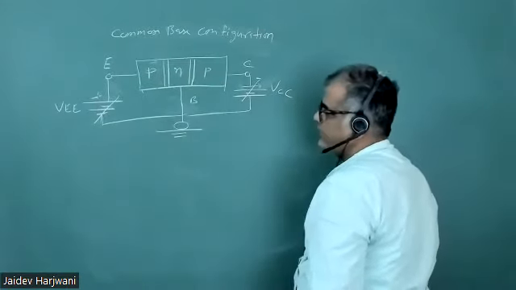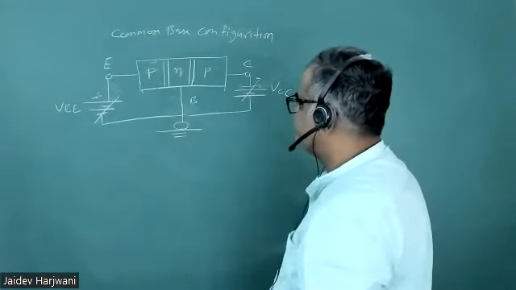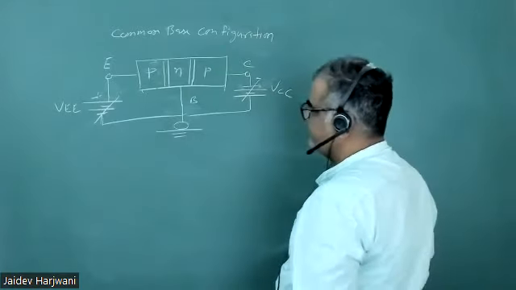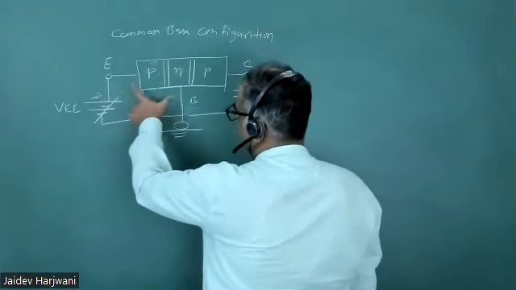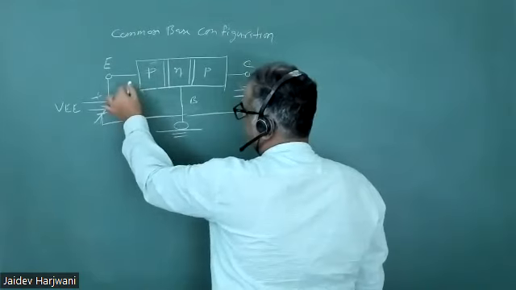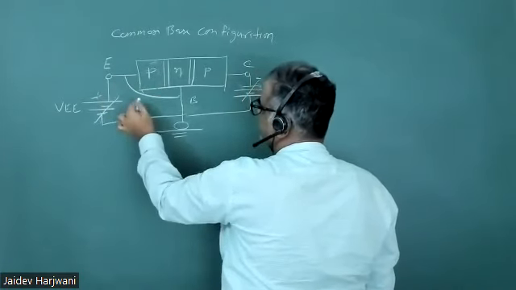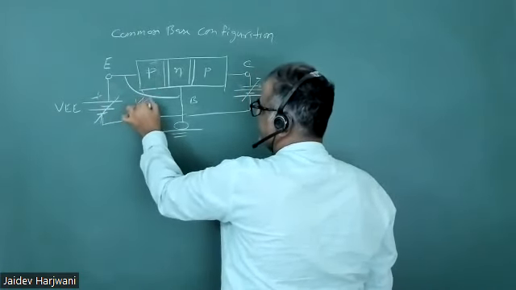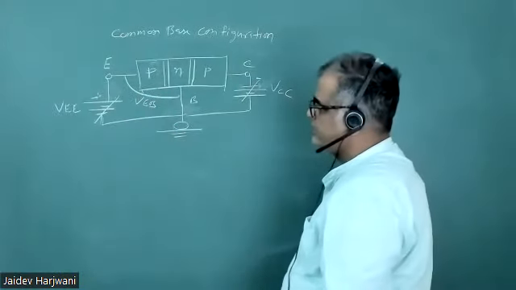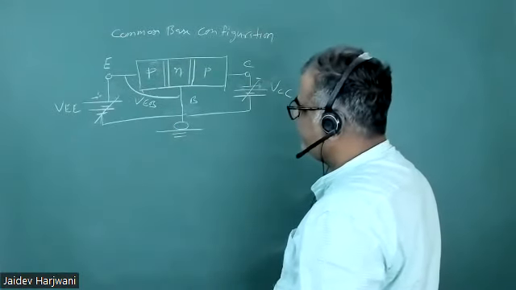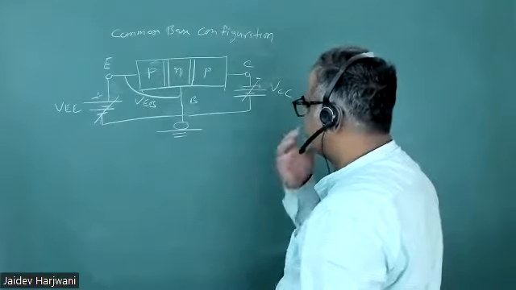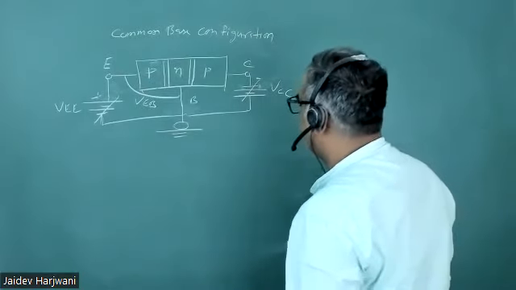Now how does the operation take place? When you apply voltage, this junction is forward bias and the voltage drop across it will be VEB. If it is PNP, the voltage drop will be VEB.